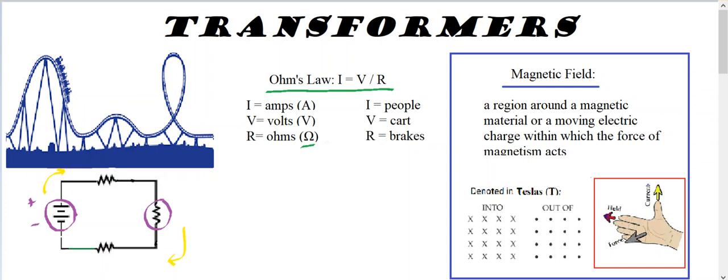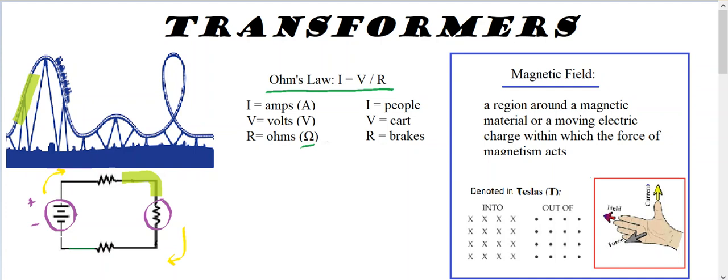So a good analogy that I've come up with to help you wrap your mind around things is a roller coaster. So when you think of a roller coaster, you think that you have a track, which we can make analogous to the wire, and the battery, which is where the current comes from. The battery produces a voltage.